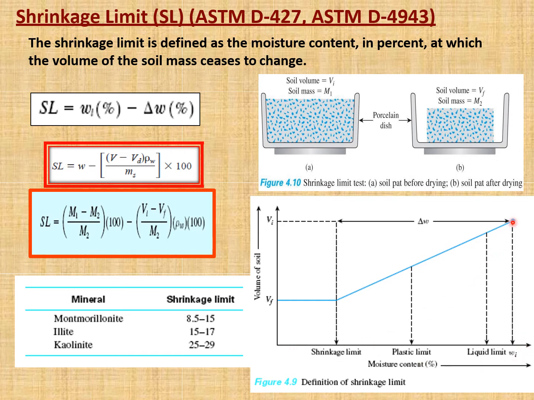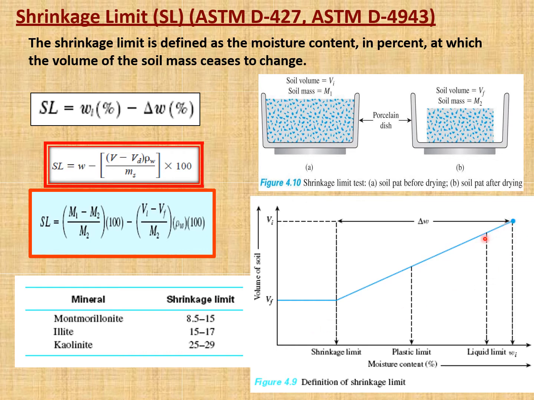When the moisture is high, your soil is in the liquid state, and as the moisture is reduced, you would find that there is a decrease in the volume of the soil, but it continues only up to this point, and then further drying will not cause any decrease in the volume of soil. So this particular point is the shrinkage limit. Or in other words, it is the particular moisture content at which soil changes from semi-solid to solid state.